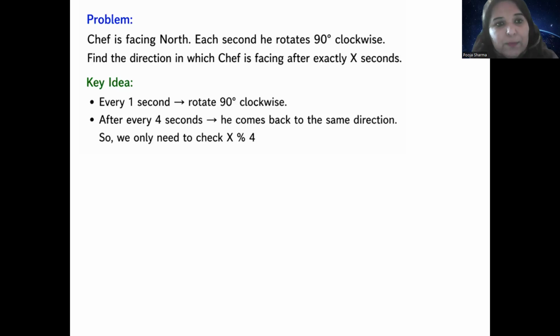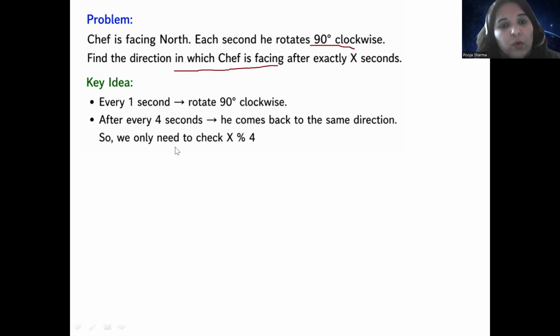So, what is the problem? The chef is facing north, and each second he rotates 90 degrees clockwise. We need the direction in which the chef is facing after exactly X seconds. Every second he rotates 90 degrees, and after every 4 seconds he comes back to the same direction.